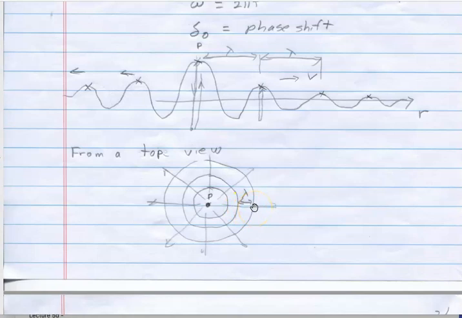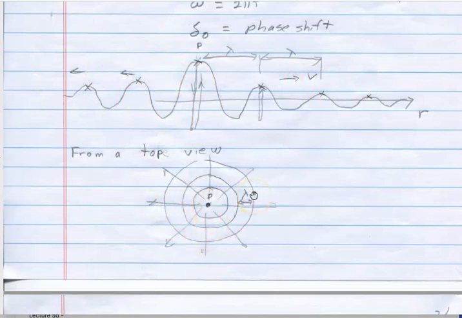So a point source expands out really in spheres about it, and they move outward with the wave velocity. In the case of light in a vacuum, that's the velocity that these things move outward from the central source. So they're moving out in this direction, this direction, this direction.